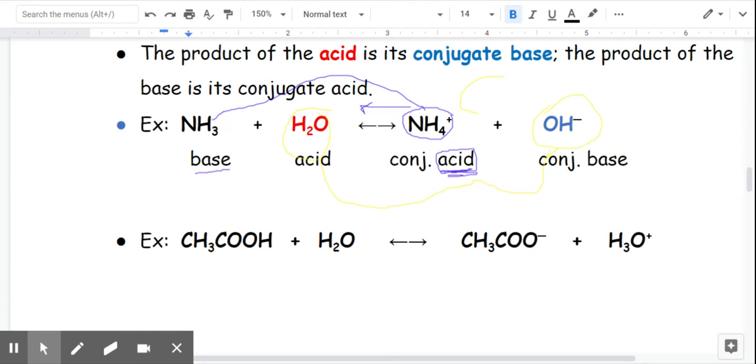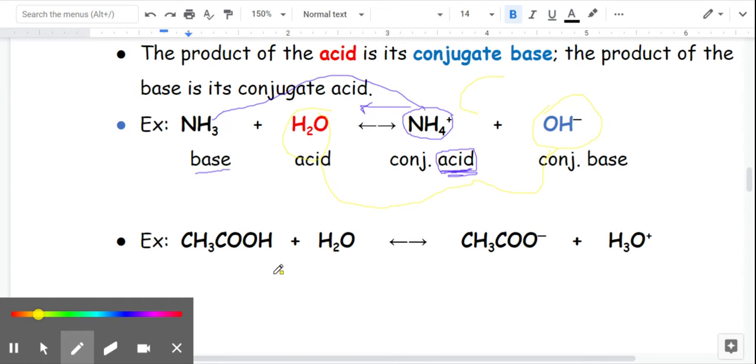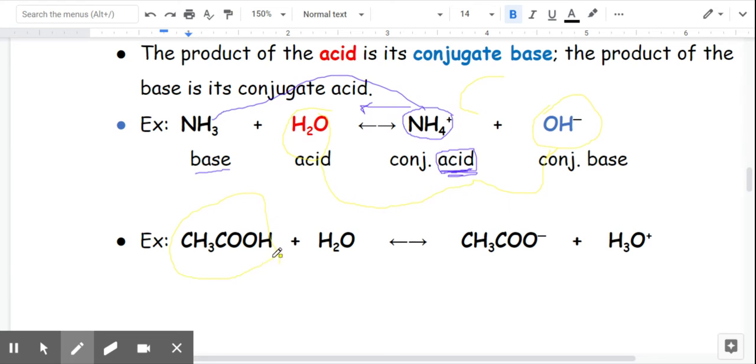First, let's just identify a conjugate pair and say which one's the acid and which one's the base. So I'm going to choose the big one right here. Let's choose this guy. What's its conjugate pair? Oh, this thing that looks pretty similar to it? Yeah, that's a conjugate pair. Which one's the acid? Which one's the base?